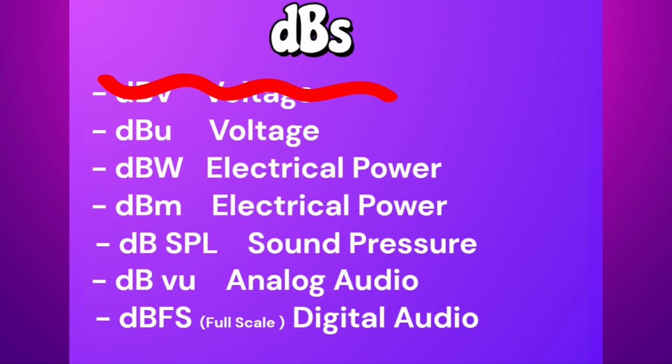dBu, however, is important because it's relative to the analog side of the equation, meaning your microphone or guitar pickup being fed into a preamp into your DAW. So dBu is important, and we'll be using that. dBW, as far as I know, we'll never use that, so we can just forget it.